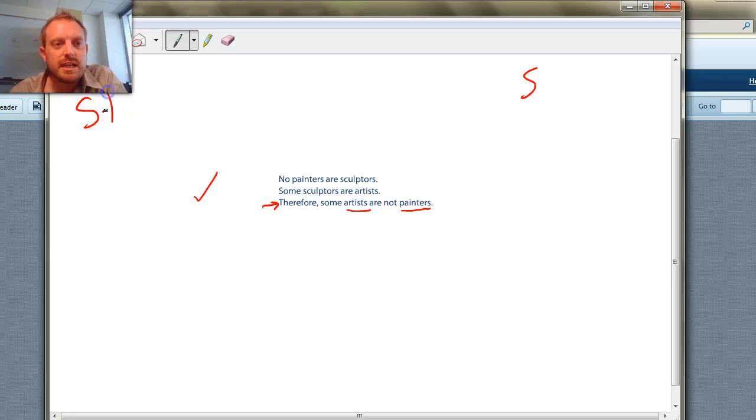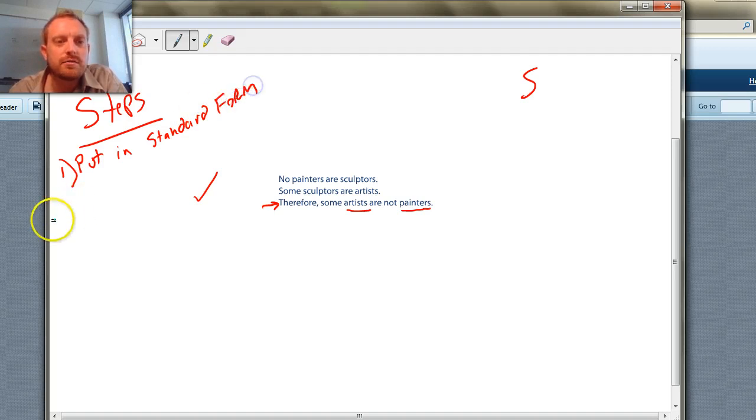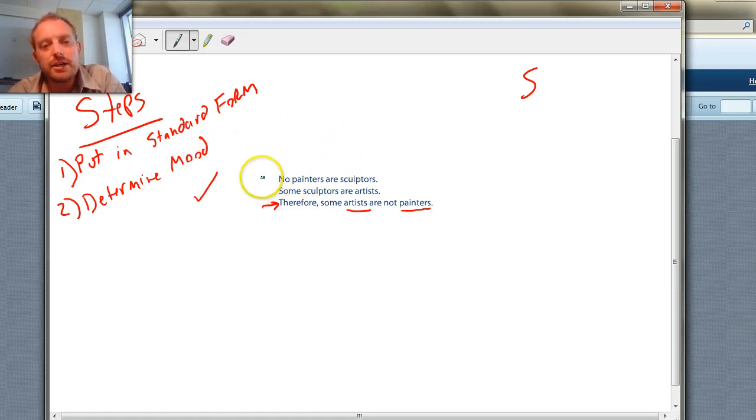What are the steps? Number 1, put it in standard form if it's not already. Once it's in standard form, number 2, determine the mood. So what is the mood? Remember, it's the letters corresponding.